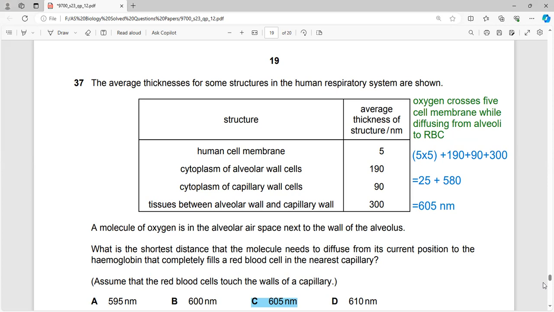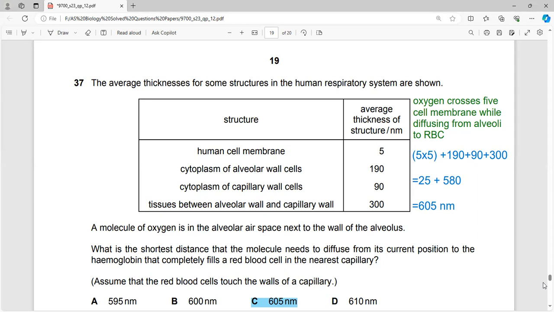A molecule of oxygen in an alveolar space is next to the wall of the alveoli. So it's moving from the alveolar space to next to the wall of the alveoli, and then toward the red blood cell. What is the shortest distance that the molecule needs to diffuse from its current position inside the alveoli to the hemoglobin, which is present in the red blood cell?